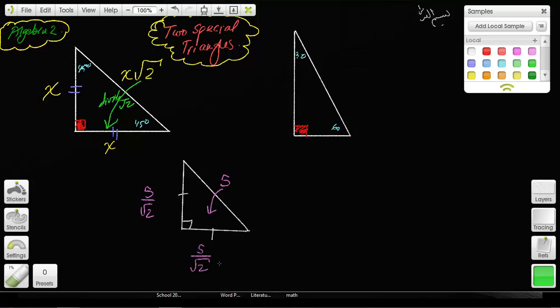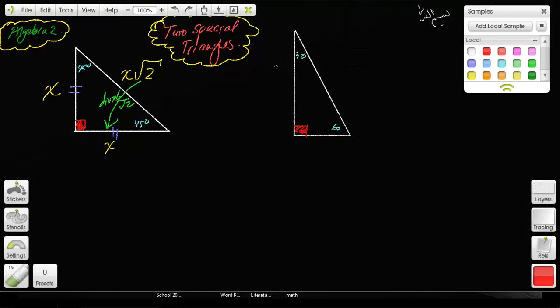You multiply the numerator and denominator by square root of 2. This gives 5 square root of 2 over square root of 2 times square root of 2, which is 2. This is a more proper way of writing the same thing. The idea is how you get to the sides if you're given the hypotenuse. You should be able to go back and forth between these. So this is one very important triangle.